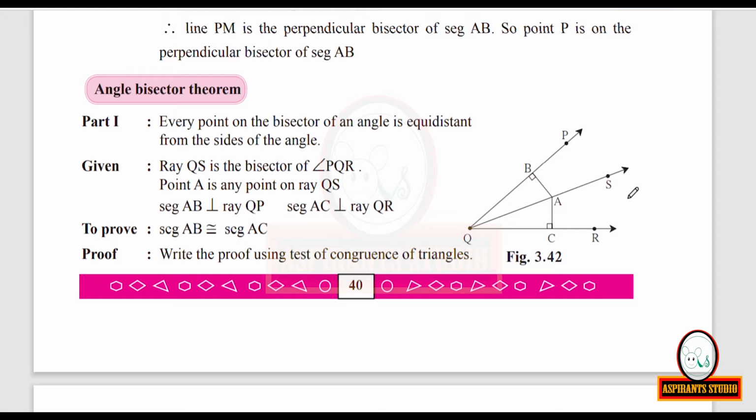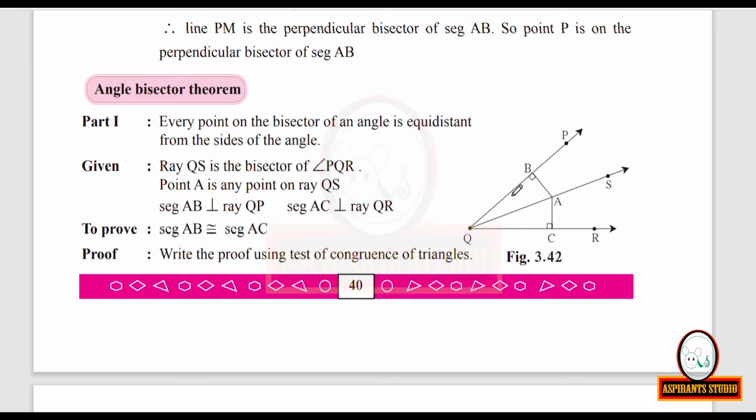Segment AB is perpendicular to ray QP. Segment AC is perpendicular to ray QR. We have to prove every point on the bisector of an angle is equidistant from the sides of the angle.